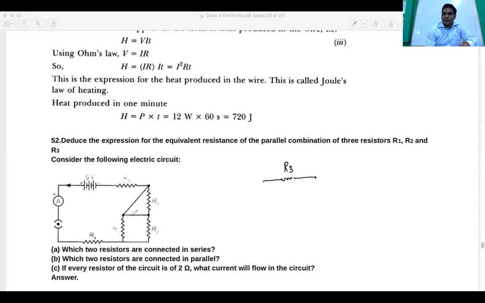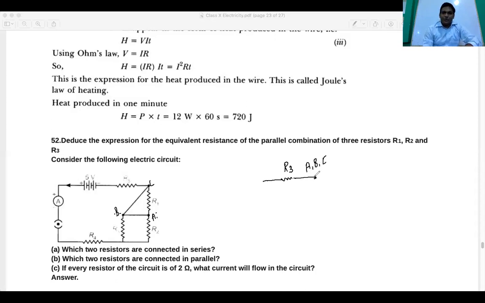You can mark these points A, B, and C. You can see AB does not contain any resistance, and BC does not contain any resistance. So we can make one point, A, B, C, because these are connected.